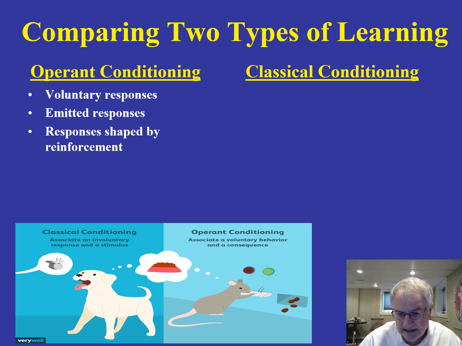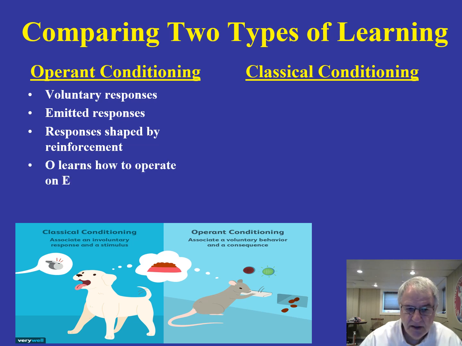We're going to select out one of them and try to encourage it, and the way in which we go about encouraging it is by way of reward, by way of reinforcement.